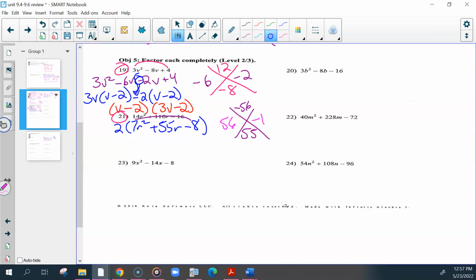So then we can rewrite this inside as 4 terms. Bring down your GCF. Our first term would stay the same, 7r squared plus 56r minus r minus 8. Where did you get the minus r? The minus 1, I just didn't put 1 here.